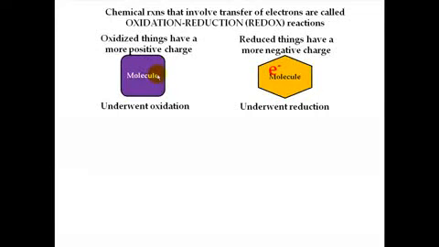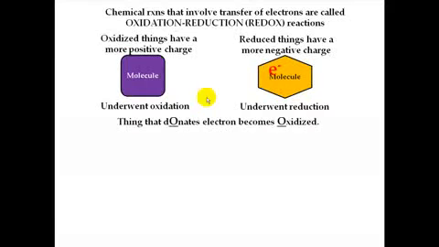And so there are different mnemonics that people use in order to remember the difference between oxidation and reduction. The one that I use is this. The thing that donates electrons becomes oxidized, and so donate has an O in it. Oxidized has an O in it, so that's kind of how I remember what oxidized means.